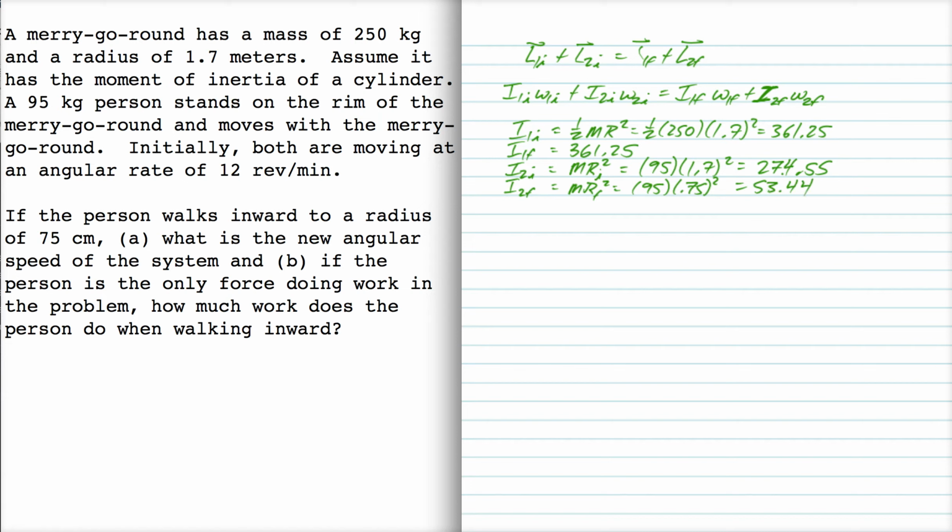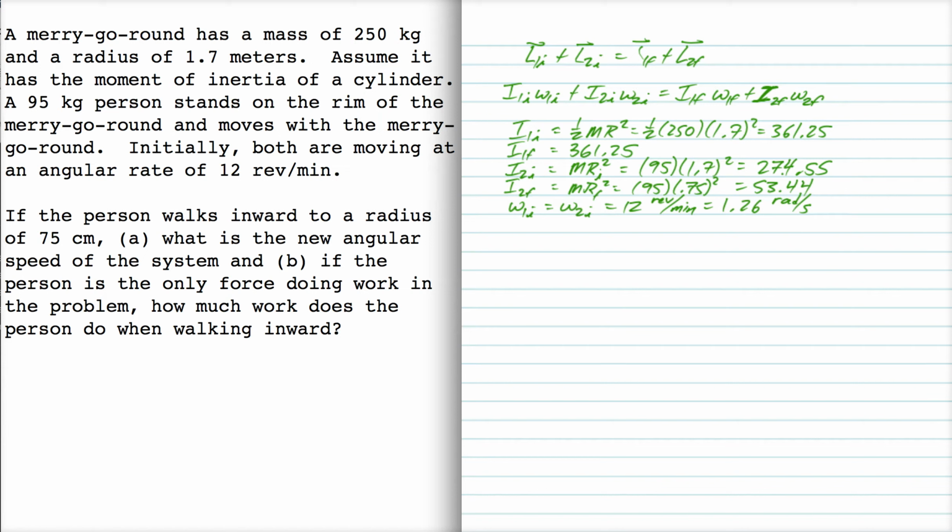Okay? Now let's look at the angular speeds. It says initially both are moving at an angular rate of 12 revolutions per minute. So the initial omega 1I and omega 2I are both 12 revolutions per minute, which if we convert that, it's 1.26 radians per second. Alright?